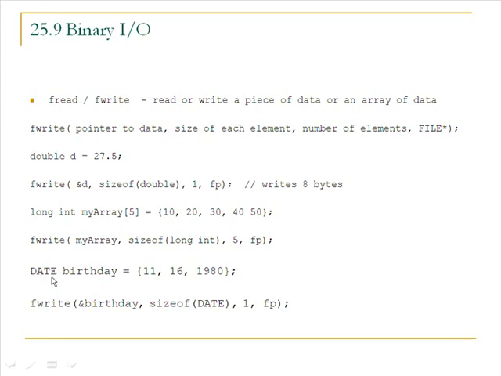If we want to write this data structure into the file, give it the address, how many bytes there are, in this case there's only 1, and the file pointer. And then when you read them back, you might expect that it works exactly the same way. You give in an fread, you specify where the data is going to land when it comes out of the file, how many bytes there are, how many of them there are, and the file you're reading out of.